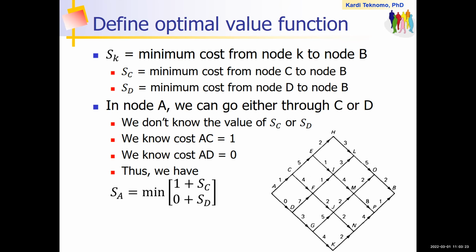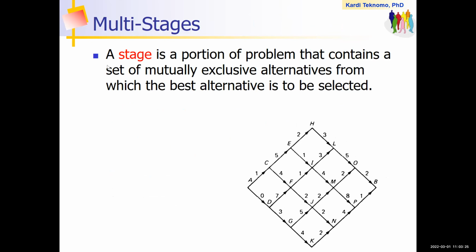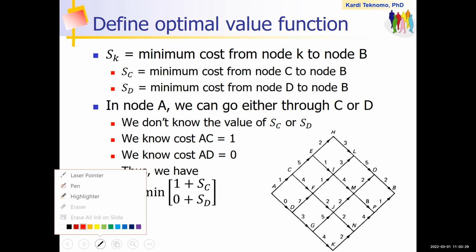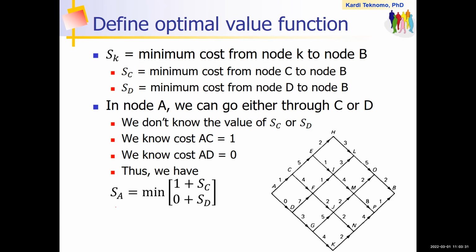We call that SC, right? We already know, we already gave the name. Okay? SC is the minimum cost from C to B. And SD is the minimum cost from D to B.